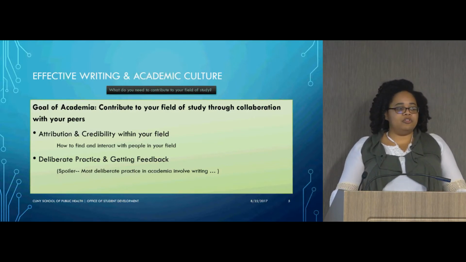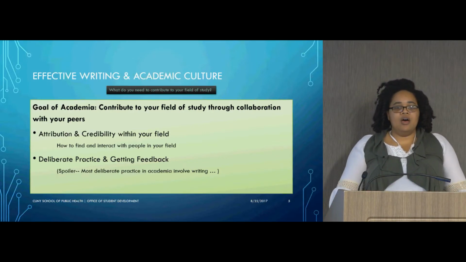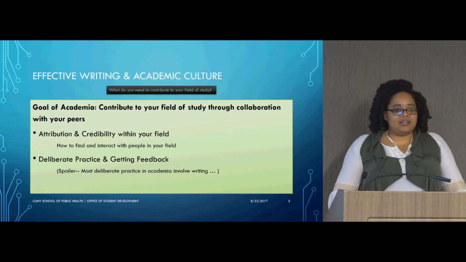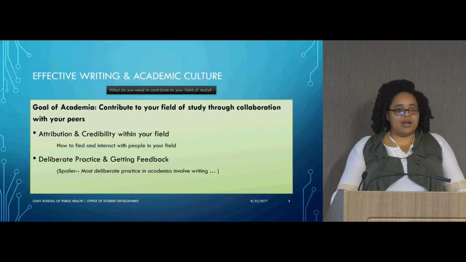Public health is a multidisciplinary field, so it ranges. You have environmental health. There are so many different topics, and it really depends how you interact with your field. But like I said, we'll be going over some strategies for how to interact with them. And then also we'll be talking about deliberate practice and getting feedback, which, spoiler alert, most deliberate practices involve writing.